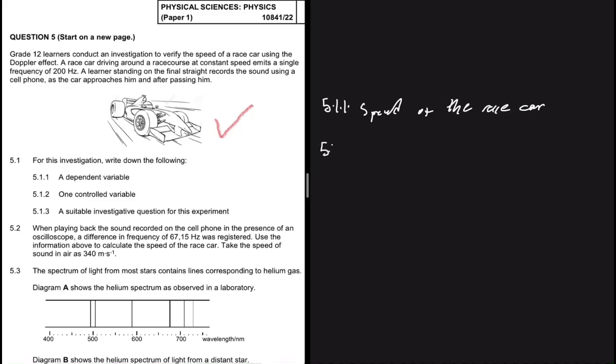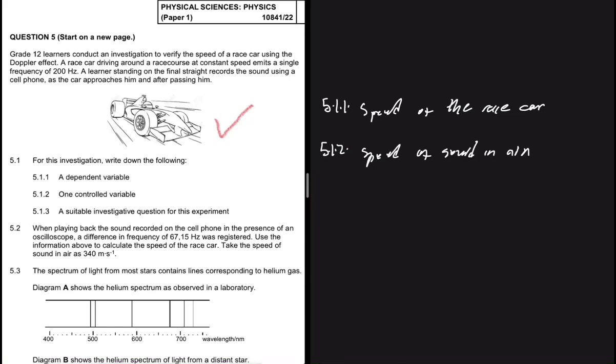The answer to 5.1.2, our control variable is the speed of sound in air, right? We need the speed of sound in air to remain constant. It's going to have an effect on our results. So we need to ensure that the speed of sound in air is controlled.